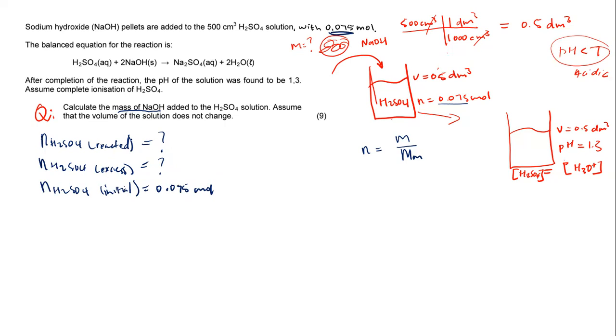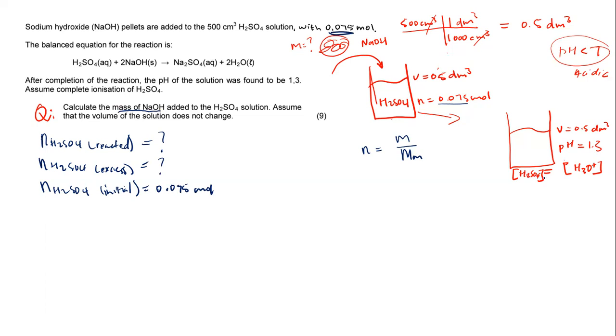But how? Remember, what did I say to you? I said that after the completion of the whole reaction, we managed to form a high concentration of H3O plus ions due to a pH which is less than 7. And I said this pH will correspond with the pH of our acid, which is H2SO4.